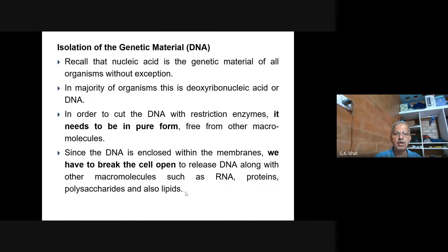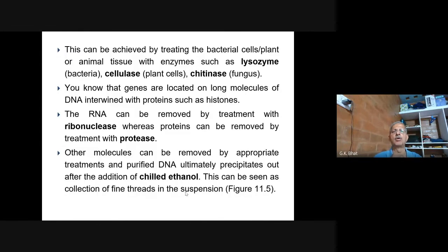Now, how to make a DNA pure? This can be achieved by treating the bacterial cell or a plant cell or animal tissue with enzymes such as lysozyme, cellulase, and chitinase.